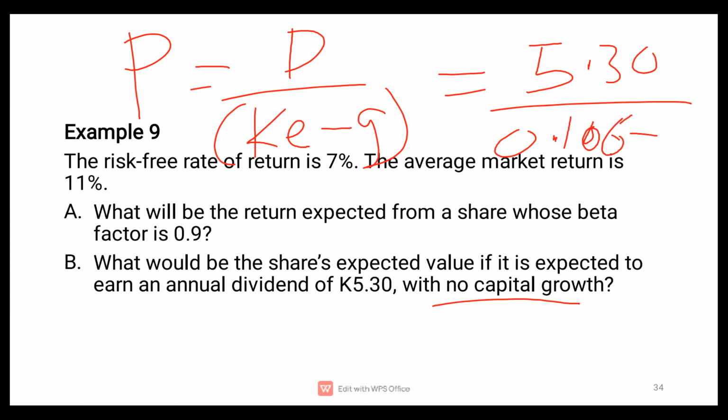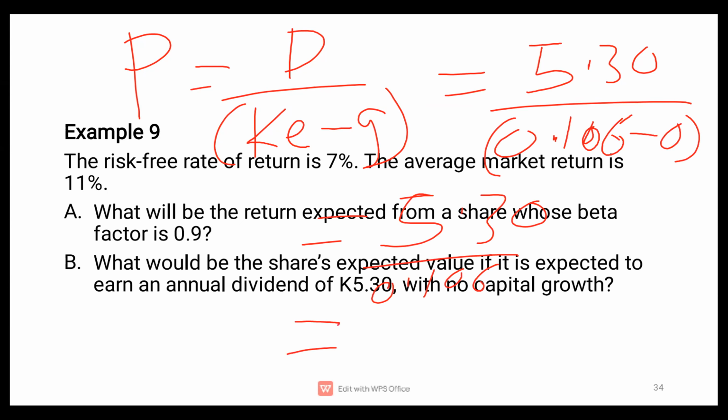We are told that the dividends we are dealing with right now do not have a growth rate. So we'll have 5 kwacha 13 ngwe divided by 0.106.